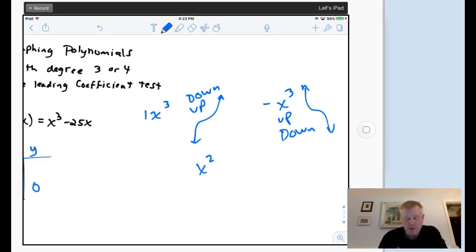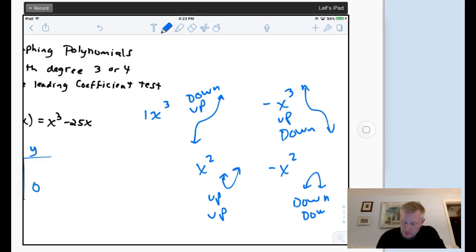If it was x to the second or any other even one, it would be up and up. If it was negative x to the second or negative x to the fourth or negative x to the sixth, it would be down, down. Okay, so it's important that you remember those four. Definitely write them down. And so back to this.